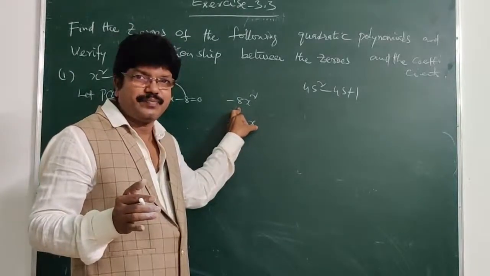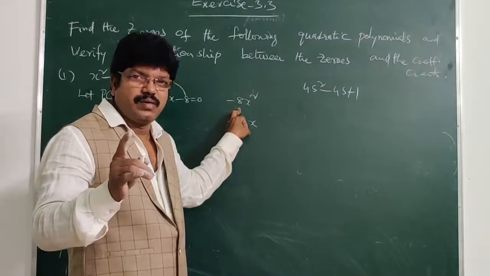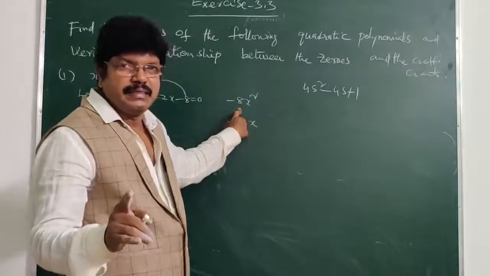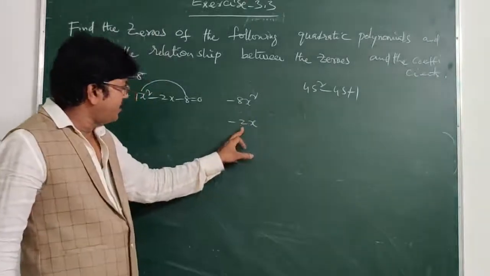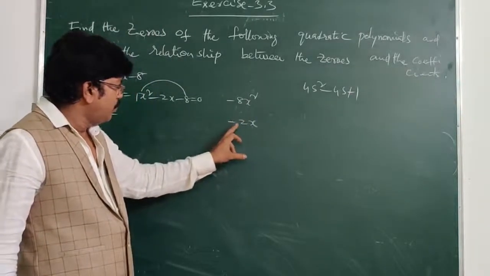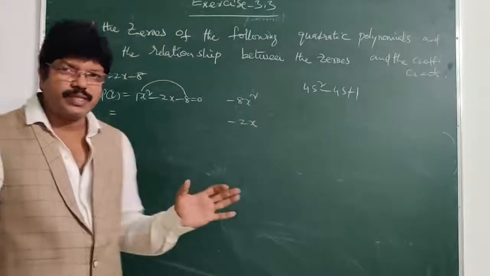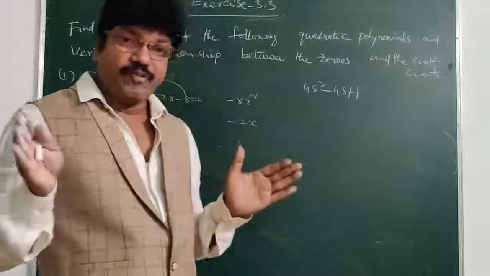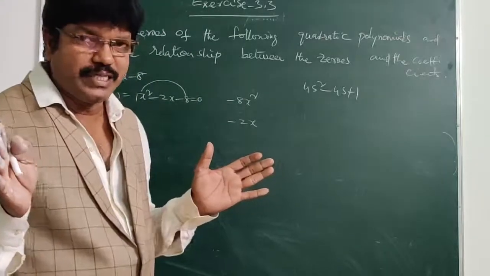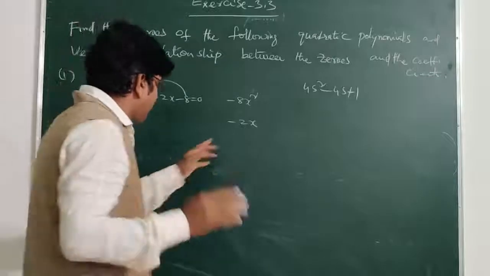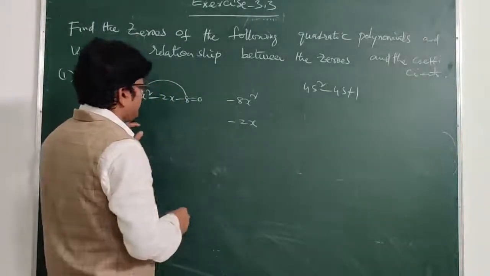I repeat again, listen carefully. We split minus 2 into two separate numbers. If we add those two numbers, we get minus 2; multiplied, we get minus 8.